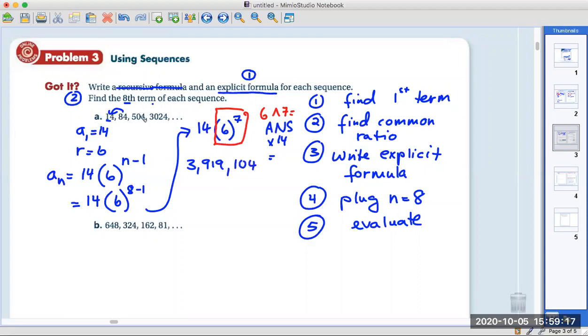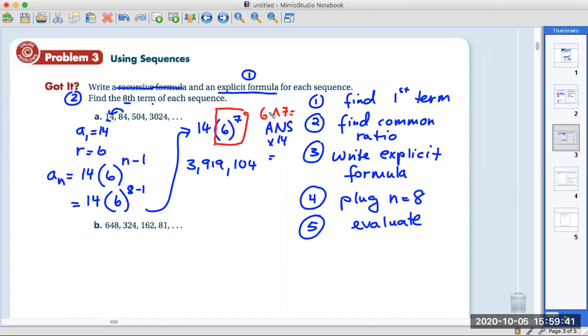Do you notice how exponential stuff goes big, quick? This is 1, 2, 3, 4 terms, 5th, 6th, 7th. The 8th number is already at almost 4 million, starting at 14. And the reason is the 6 is a big base and we're taking it to the power of 7. This is a big number.